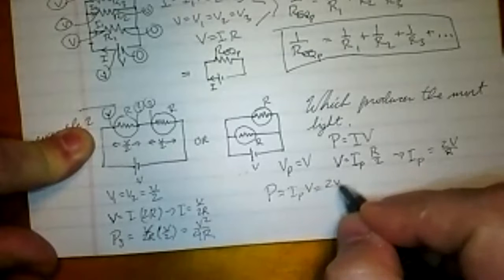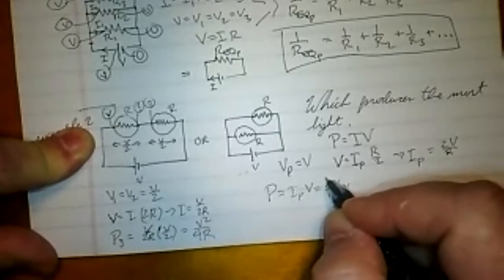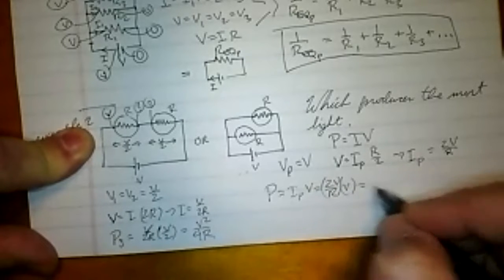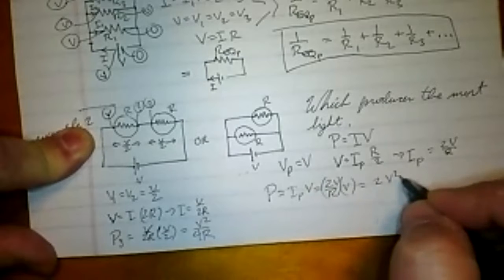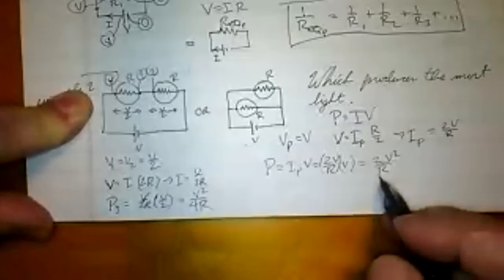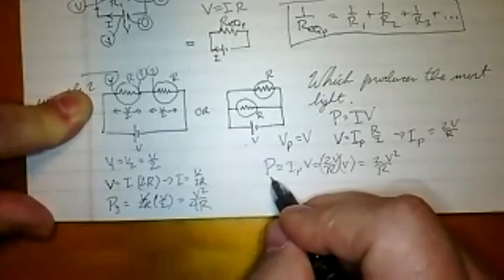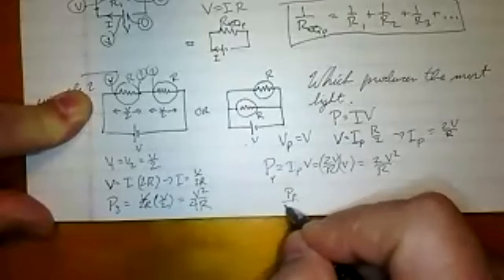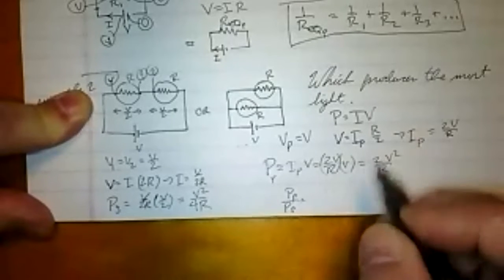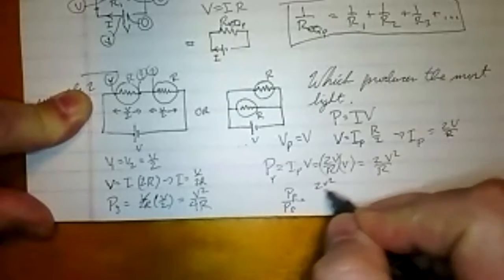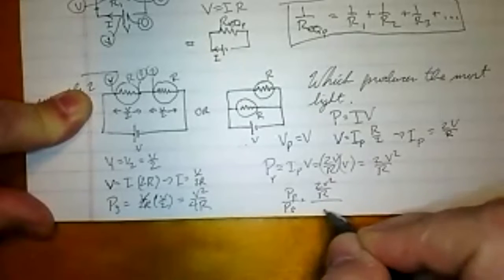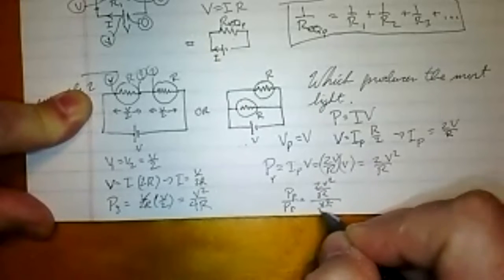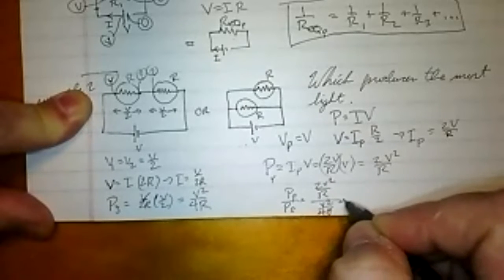So I get 2V over R times V, which equals 2V squared over R, which is in fact the parallel case. So P parallel over P series should be 2V squared over R divided by V squared over 4R.